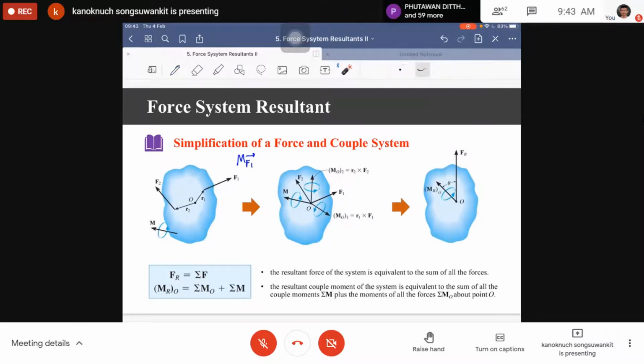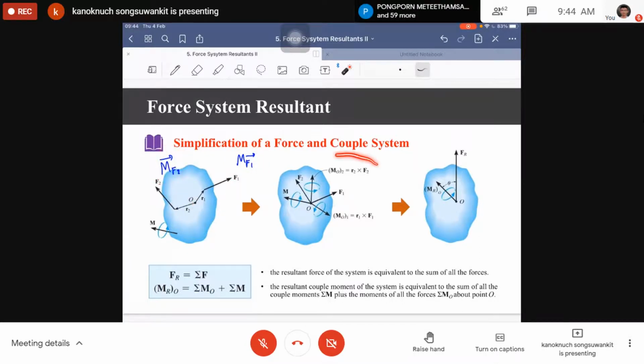And next, we will move the force F2 to point O. And this must produce one couple moment MF2. These two couple moments, we can move to point O directly.